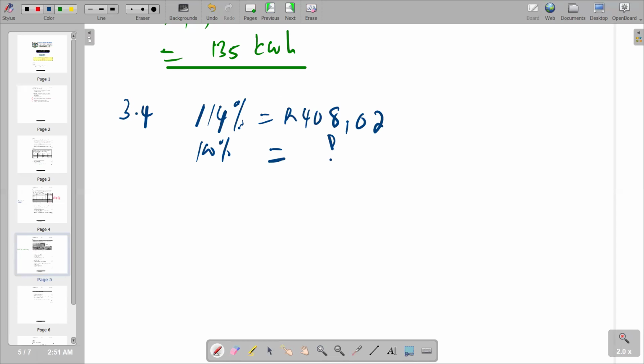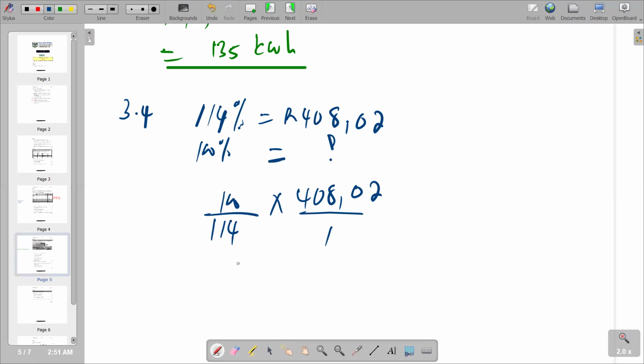So with that now, we can make a simple proportion whereby we have our 100 as our numerator, and then 114 as our denominator, then multiply by 408.02.